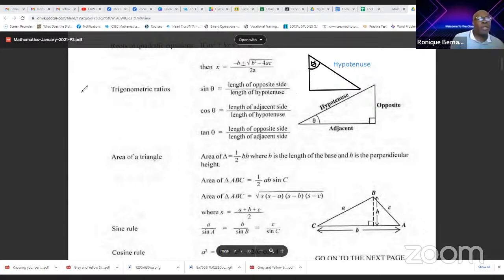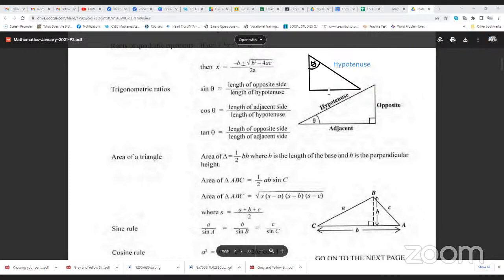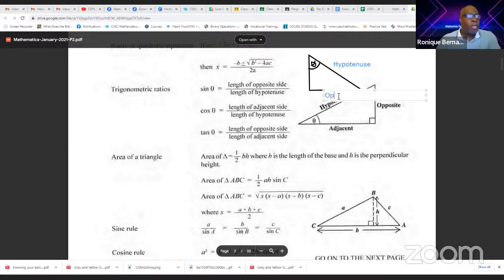Referring to that angle right there, then the line opposite to it would have been this line. Everybody seeing that? Yes, sir. Good. So this would be called the opposite side because it is opposite to the angle.